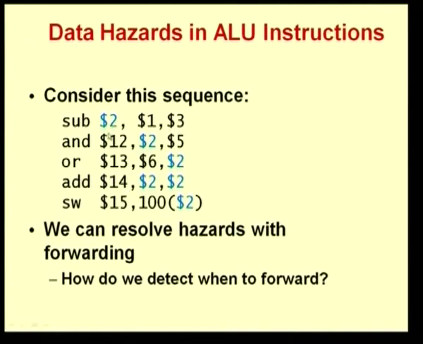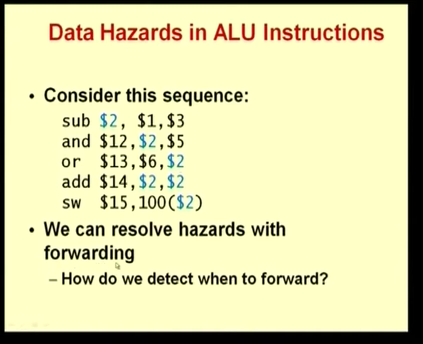And then the contents of this register 2 are used as source operands for the instruction AND, for the instruction OR, for the instruction add, and also for this instruction store. Which means that once this sub completes, only then the output will be available for others to use. We know that in our pipeline mechanism this can cause a hazard, because until this completes we will not be able to allow these instructions to execute.